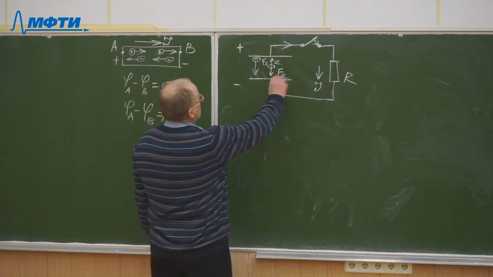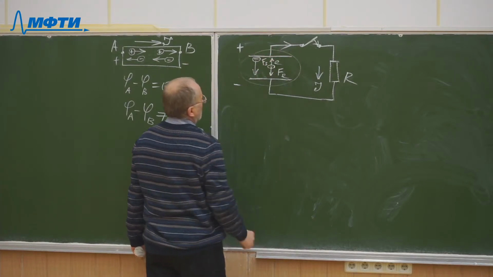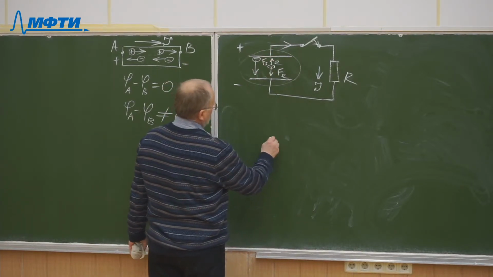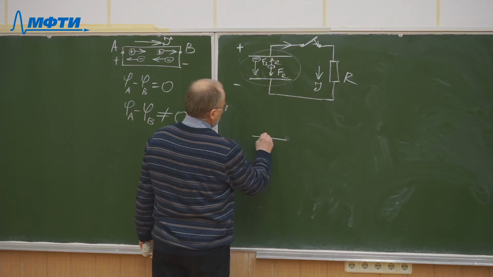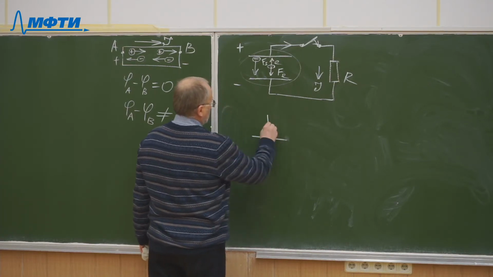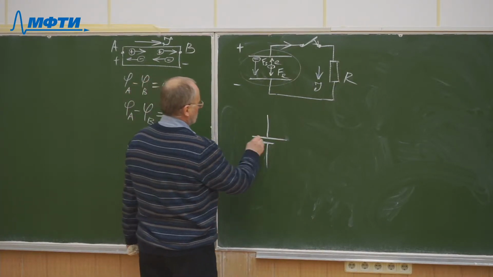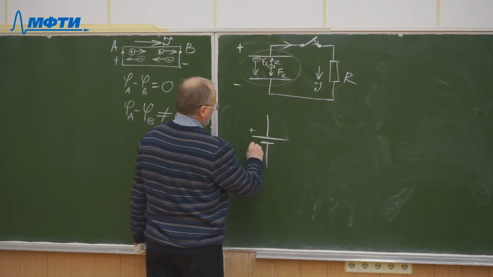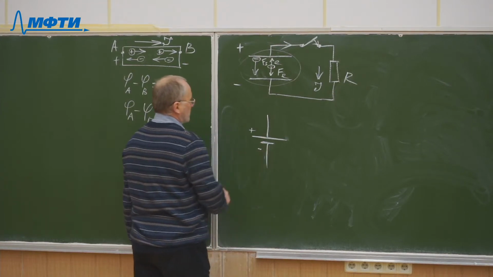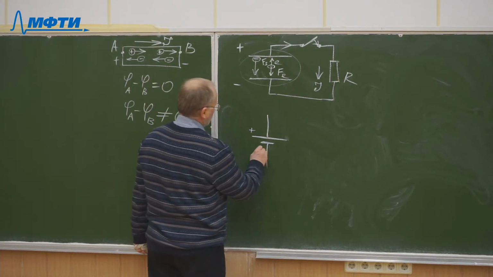So such an element, such a source of voltage, is usually denoted by such a symbol. It means the cell where some external forces move charges in the direction opposite to electrostatic forces.